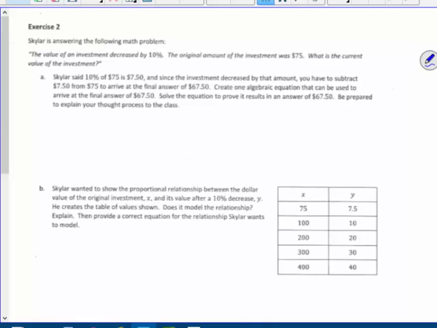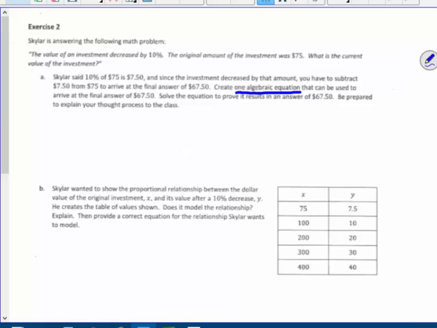Create one algebraic equation that can be used to arrive at the final answer of $67.50, which, by the way, Skylar is correct. Solve the equation to prove it results in an answer of $67.50.